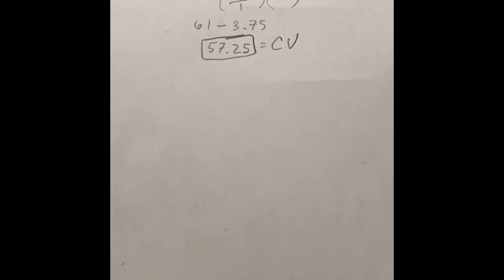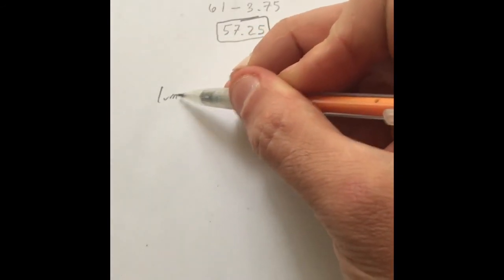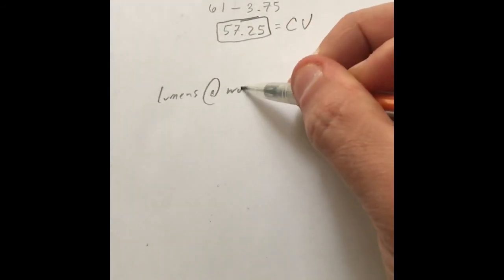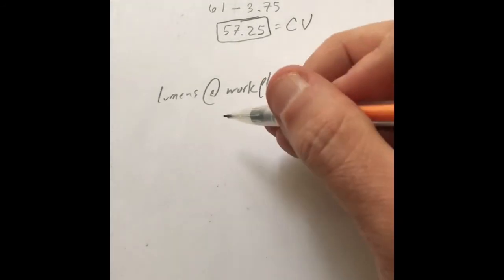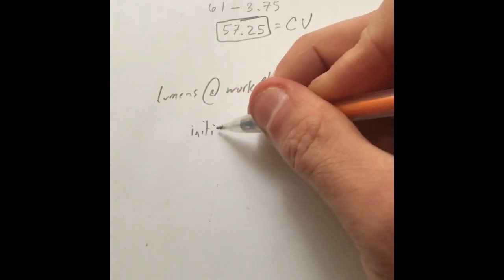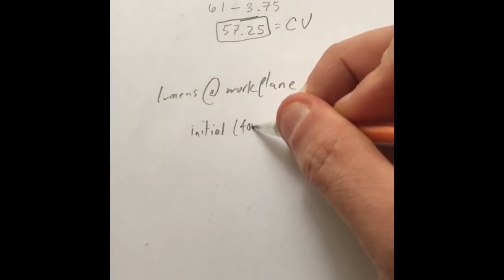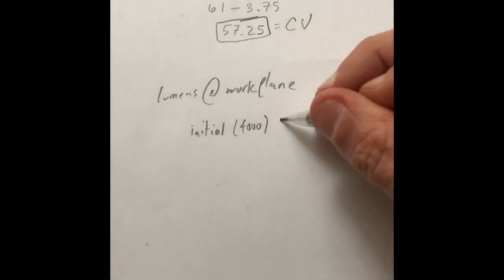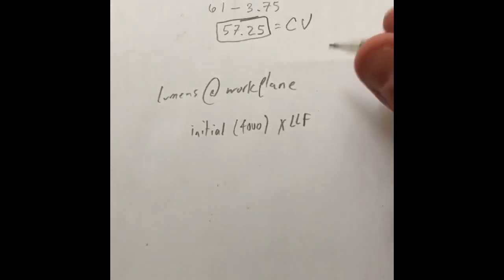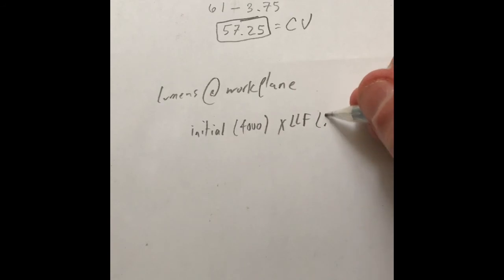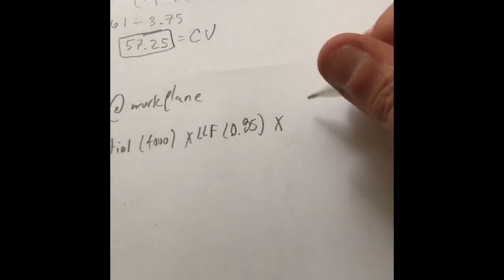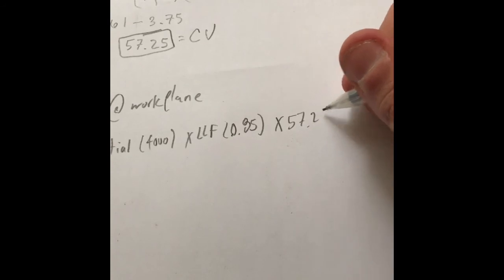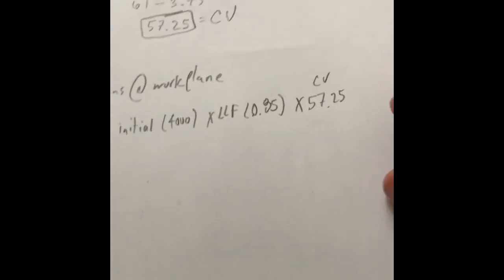The lumens at the work plane now equals our initial, and I went with a 4,000 lumen fixture, times light loss factor, which is 0.85, times our coefficient of utilization, 57.25.